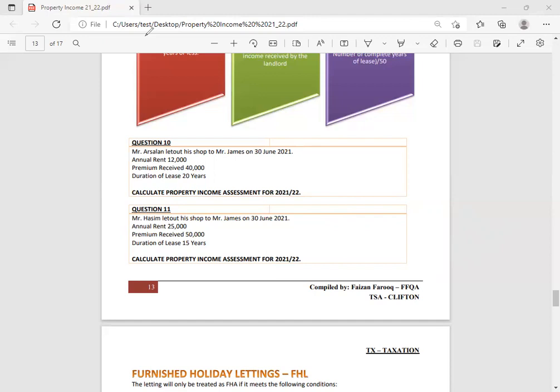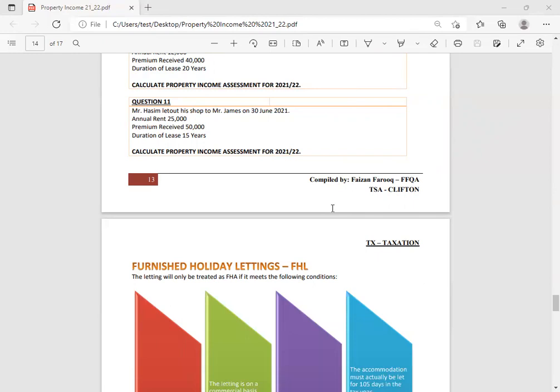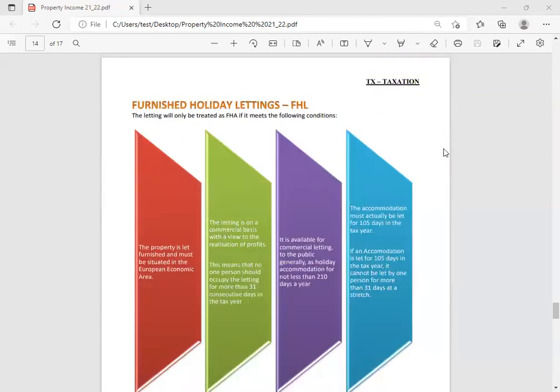No questions. Okay. Now, some theory. We have some properties like holiday accommodations. If you go for a picnic, you are acquiring some property, right or wrong? Yes.